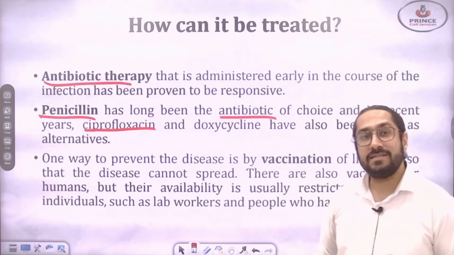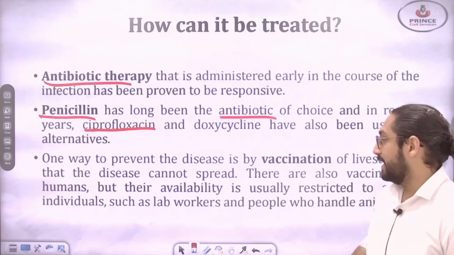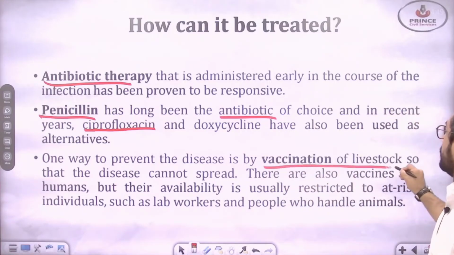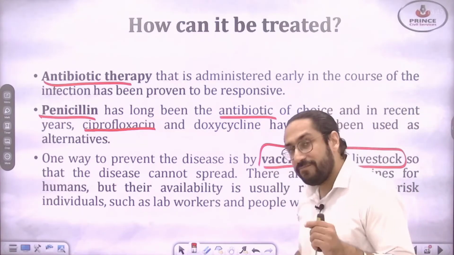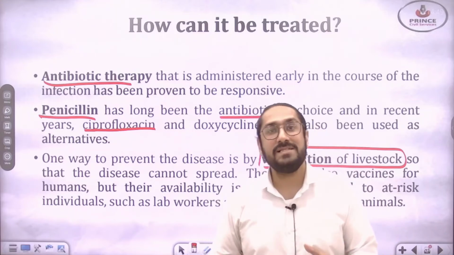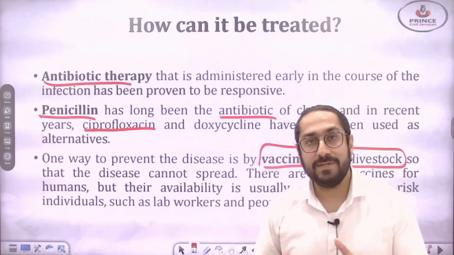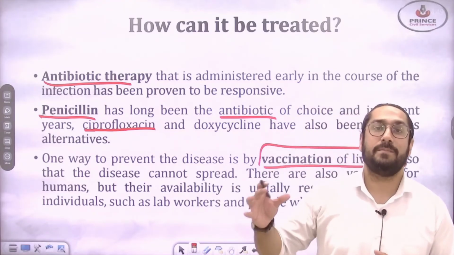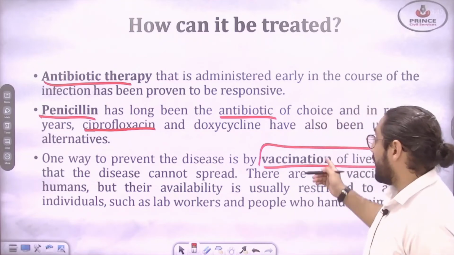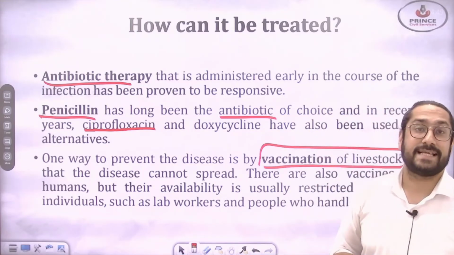Now there is another way to prevent the disease, which is simply vaccination of the livestock. If you protect animals from the bacteria through vaccination, then the disease cannot spread.